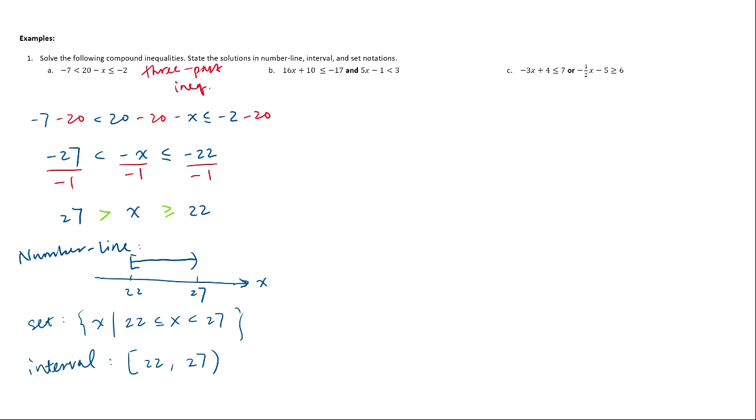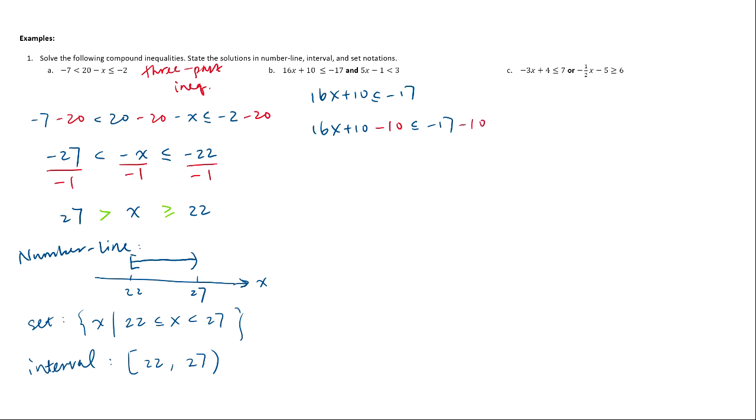And here, if we look at the first inequality, I'm just going to copy this down really quick. This is the first inequality we're working with, and to solve it, we are isolating the variable again by subtracting 10 on both sides first, so we can get the variable term by itself. And this is less than or equal to negative 17 minus 10 over here.